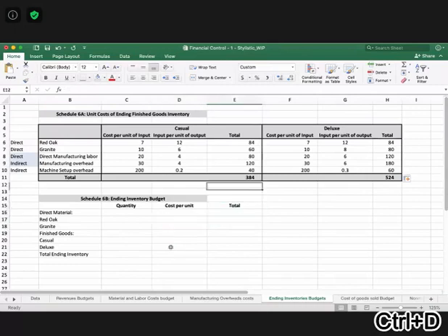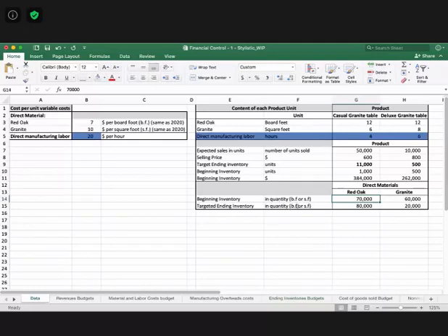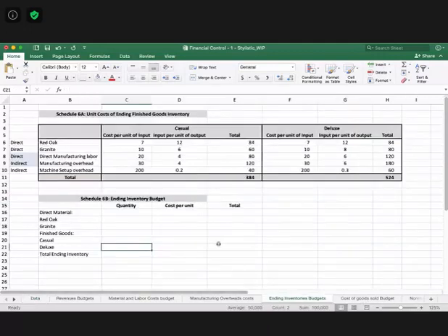Here we have a cost per unit, right? So now you need to find the information about the quantity we expect to have for casual and deluxe in the data here. The targeted ending inventory, you have it here. So you can have the value in dollars of the ending inventories that you can put in your balance sheet. Same thing for the red oak and granite, which are our raw materials.